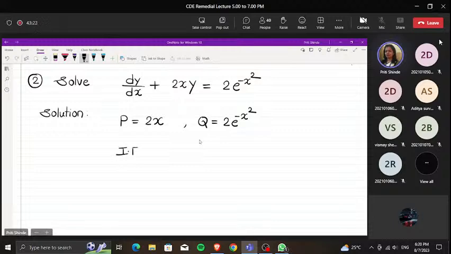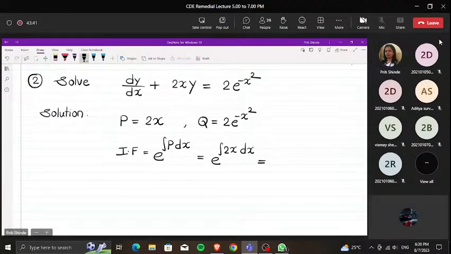Integrating factor, e raised to integration of p dx. Write down carefully your formula. So e raised to integration of 2x dx. And try to write down your general solution. First, tell me what is your integrating factor.